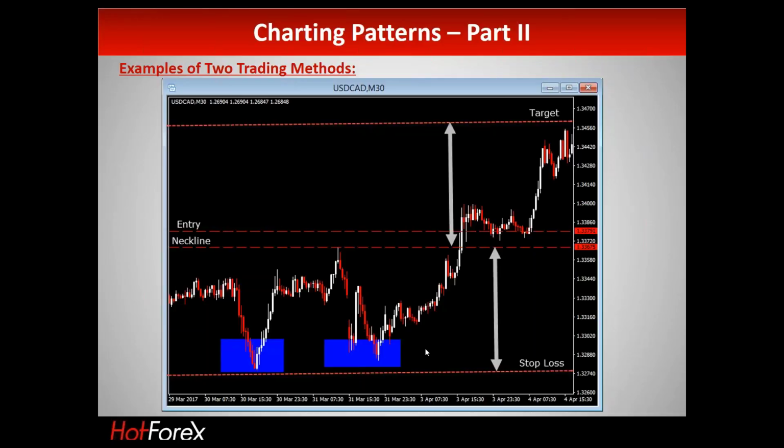If we focus on this example over here, we had a bottom over here, then we had a quite bullish signal because we had many bullish candles. Then it consolidated, and at this area over here, it broke upwards again.